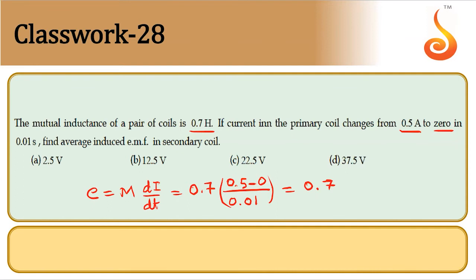So 0.5 minus 0 is 0.5, 0.5 divided by 0.01, that will be 50. Yes, here is a printing mistake. This should be 0.75 Henry. So 0.75 into 50 will be 37.5 volt. This should be the case.